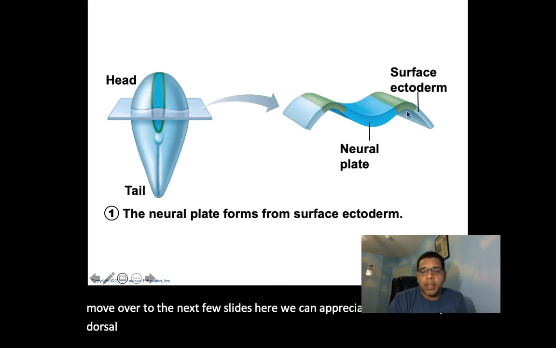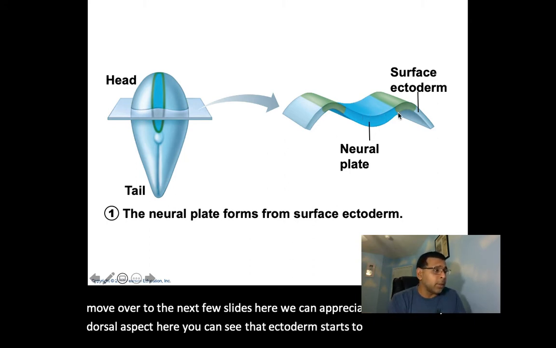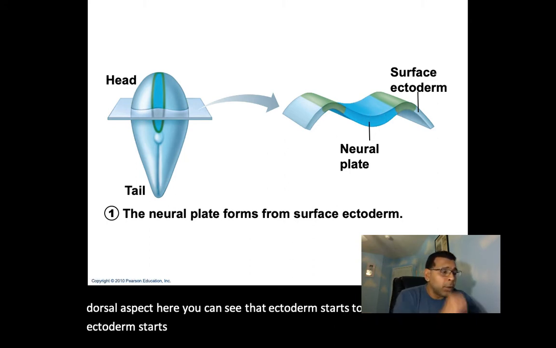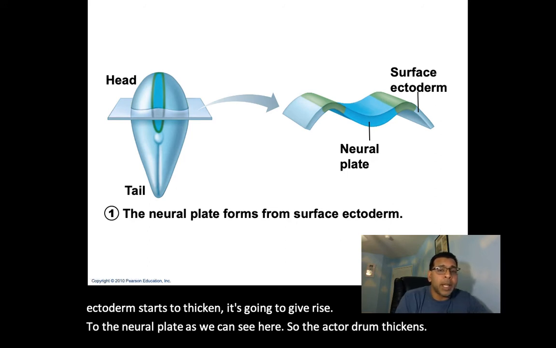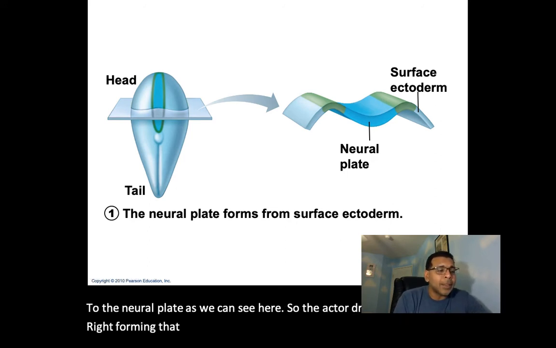You can see that the ectoderm starts to thicken, and when it does, it gives rise to the neural plate. So the ectoderm thickens, forming that neural plate at the dorsal midline axis of the embryo.